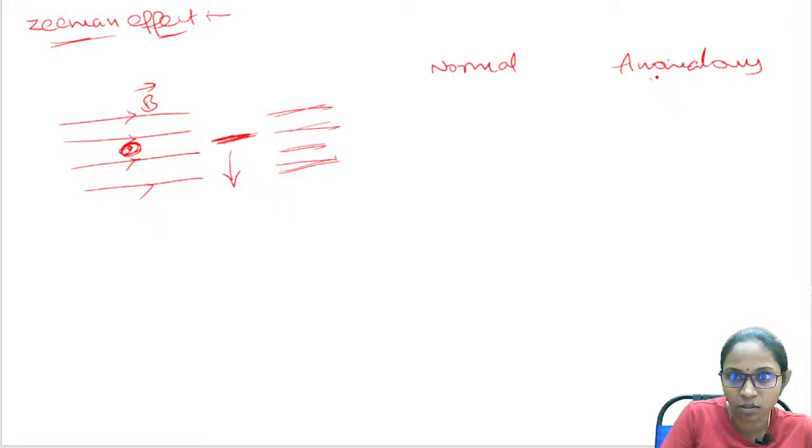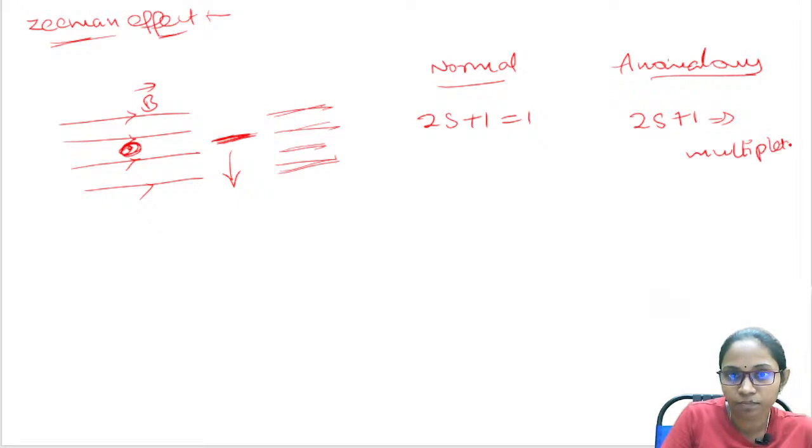This normal Zeeman effect takes place for singlet levels, that is, multiplicity equal to 1, and the anomalous Zeeman effect takes place for multiplets. That means the splitting will be greater than 1. For 2S plus 1 to be 1, we have to consider S equal to 0.